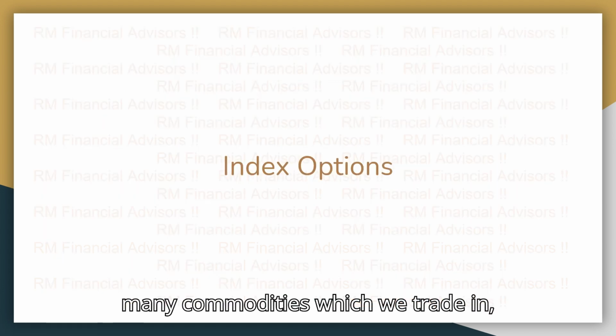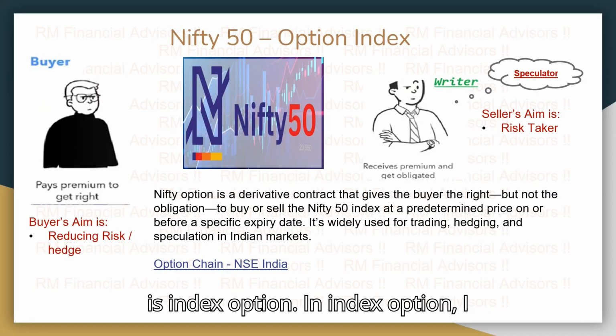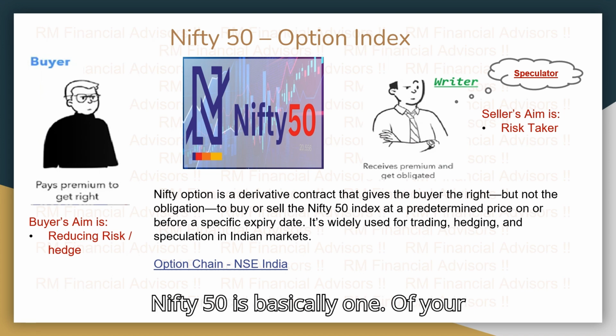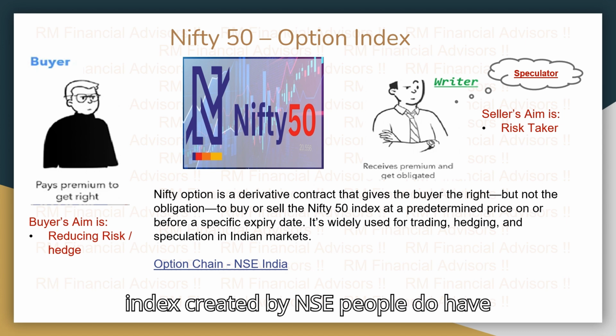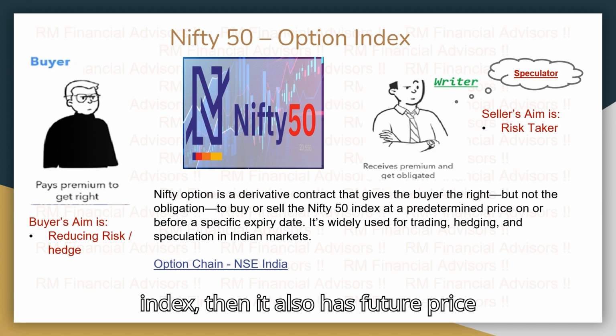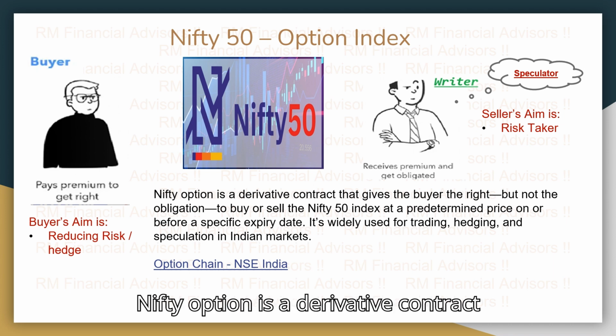Okay, then the next topic is index option. In index option, I take an example of Nifty 50. Nifty 50 is basically one of the indices created by NSE. Nifty 50 has a spot price, that is the price on cash of the index. Then it also has a future price, and then it also has Nifty option.